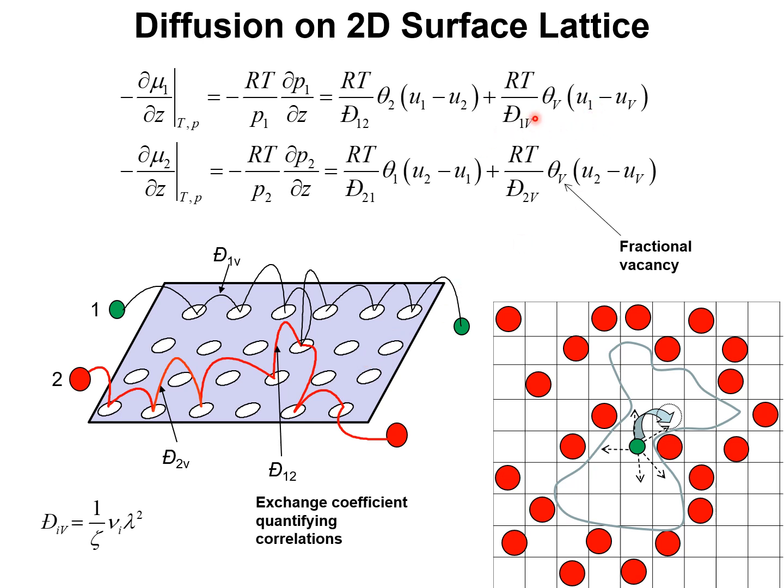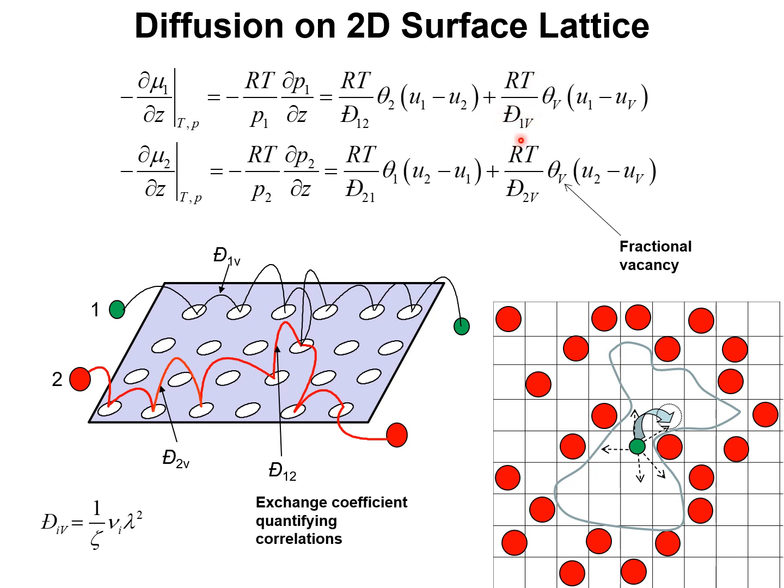So the frictional contribution is proportional to the relative motion of species 1 with respect to the vacant sites. That frictional contribution is proportional to the fractional occupancy of the vacant sites, so it is proportional to theta_V. The constant of proportionality is a drag coefficient. R is the gas constant, T is the temperature.